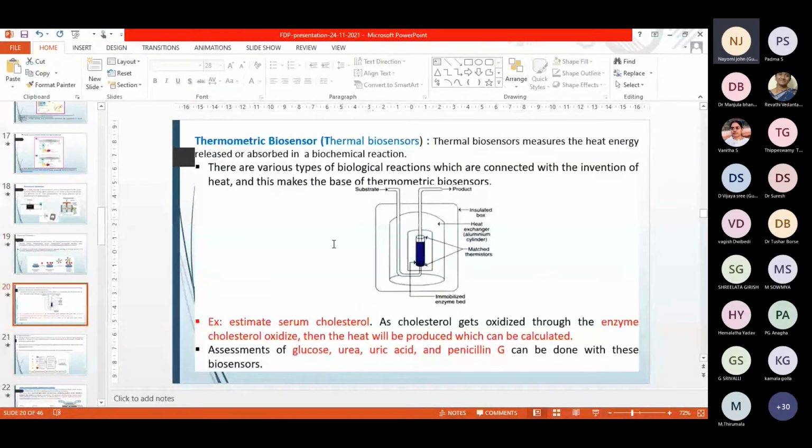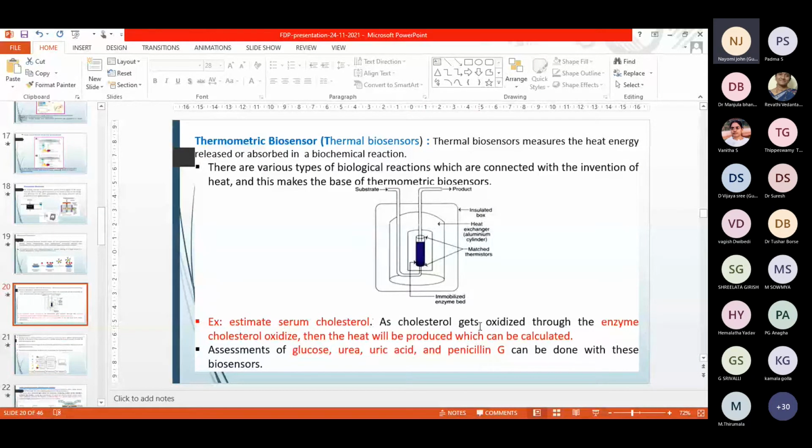Moving on to another type, the thermometric biosensors, otherwise called thermal biosensors. Here, the difference of heat is detected, because some enzymes are exothermic in nature and produce very minute quantities of heat. That heat can be detected by these biosensors. Even a small change in heat generation will be detected. One example given here is serum cholesterol.